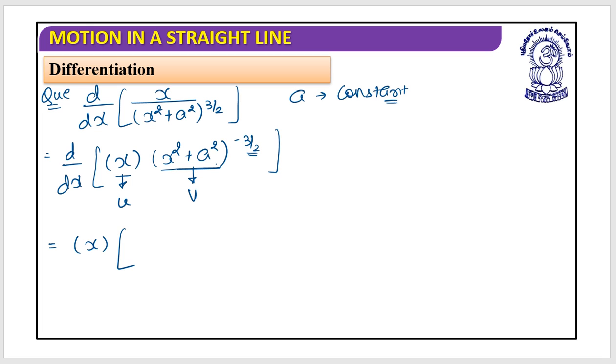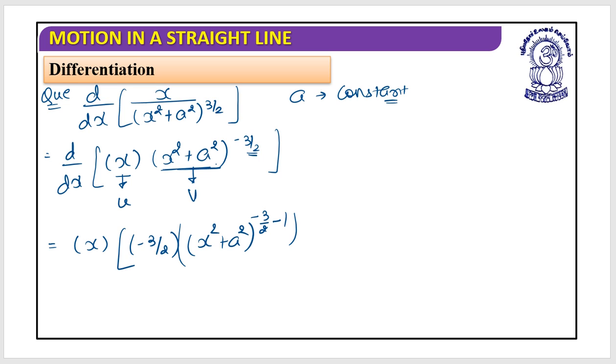Now if I differentiate x to the power n, what was the answer? Think. It's n into x to the power n minus 1. Yes. So when I differentiate this as x to the power n, the answer should be minus 3 by 2 into x square plus a square in the bracket to the power minus 3 by 2 minus 1.